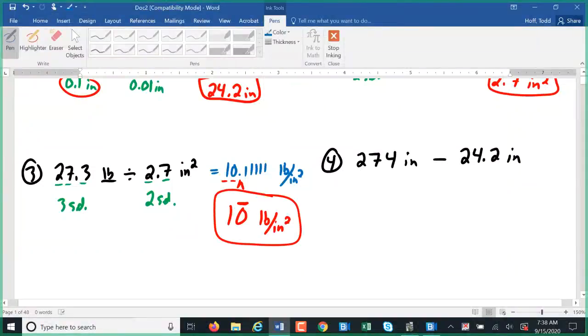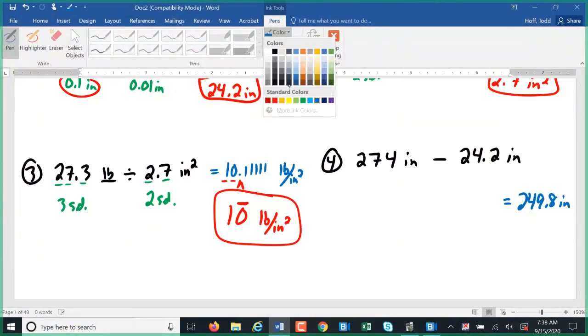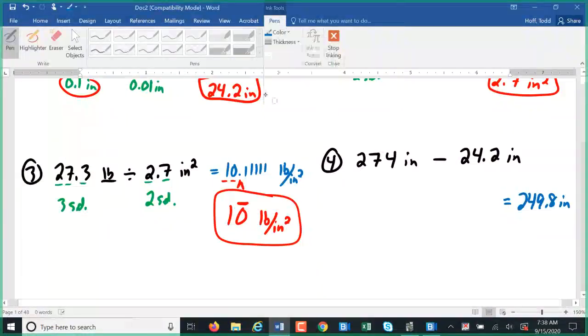Number 4, subtraction. 274 inches minus 24.2 inches is 249.8 inches. Now remember, we look at place value. Addition and subtraction, it's about precision, which is the place value of that last significant digit. This is the ones place, that's the 1 inch place.